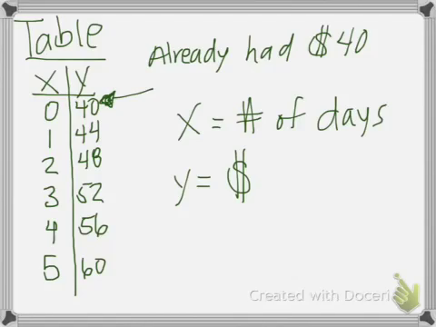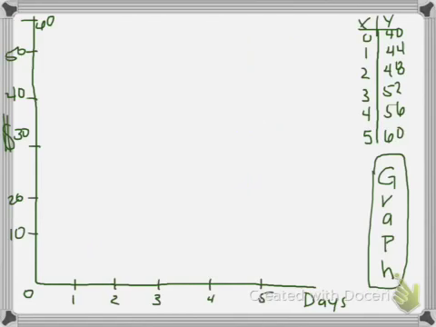The next step is to make a graph. The x-axis represents how many days he has saved money so far, so label it days and number until 5. Next, the y-axis represents how much money he has saved, so label it money and number off until 60, which is the amount he has at the end of 5 days.